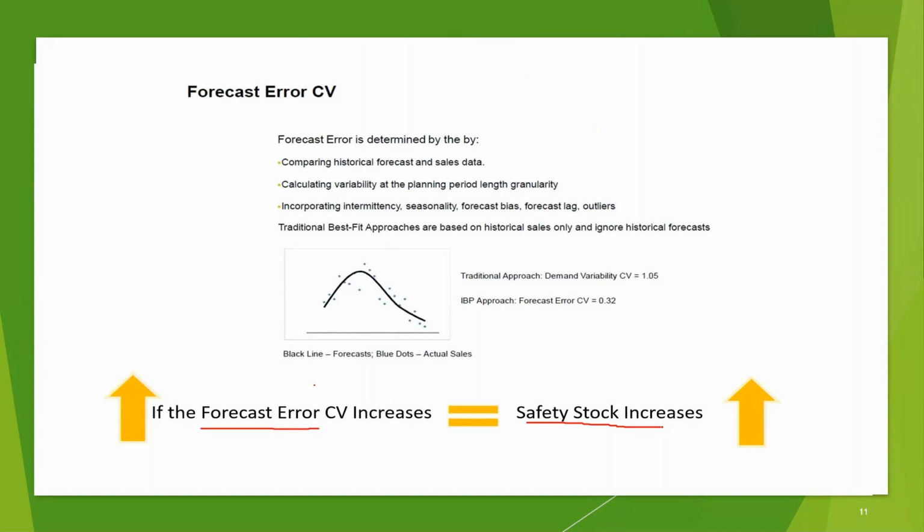When we execute this algorithm, the system can also tell us which variability is causing more variability in this safety stock calculation. So let me go back to the system.